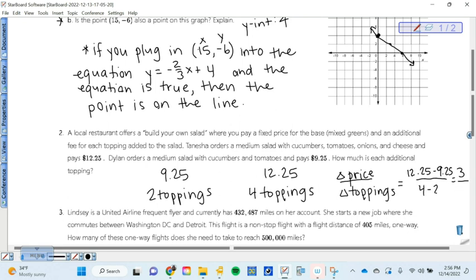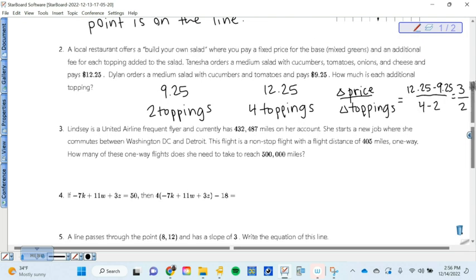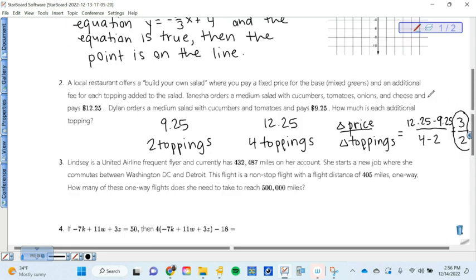Just 4 minus 2 gives us 2. So 3 halves. But have you ever seen something cost 3 halves? No. What's 3 halves as a decimal? Yeah, 1.5. So it's $1.50 per topping.